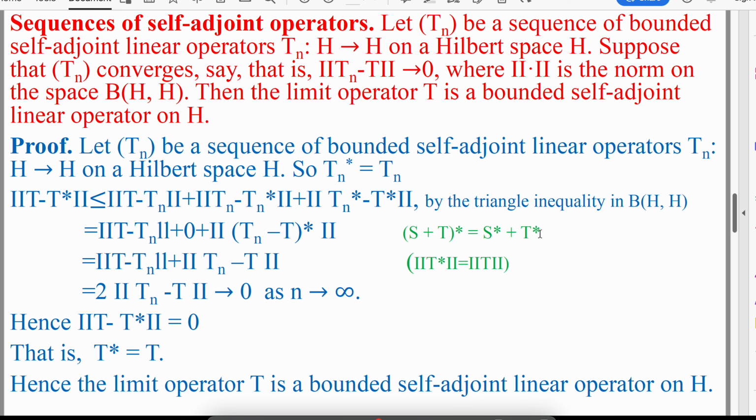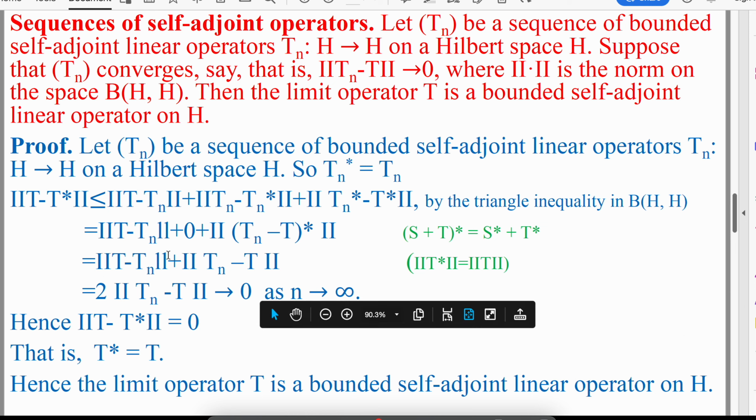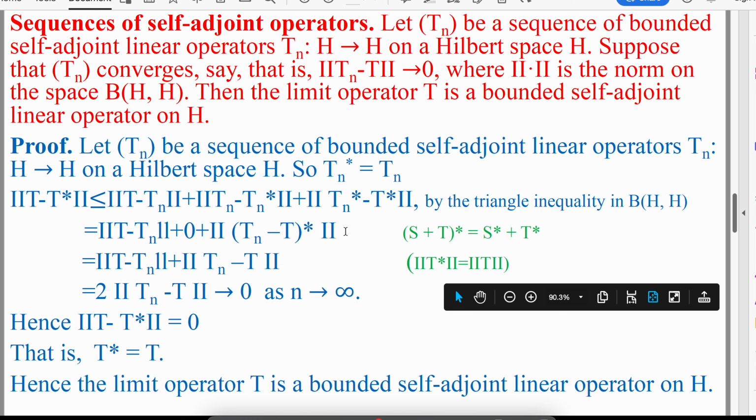We can write S plus T star equal to S star plus T star. So Tn star minus T star becomes the norm of T minus Tn plus the norm of Tn minus T star, because we know that the norm of T star is equal to the norm of T. So the norm of Tn minus T star is equal to the norm of Tn minus T. Because the norm of x minus y is the same as the norm of y minus x, we can write this as twice the norm of Tn minus T. Because Tn tends to T, the norm of Tn minus T tends to 0 as n tends to infinity.